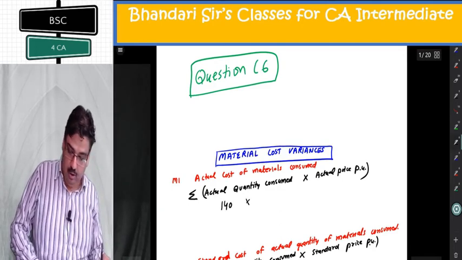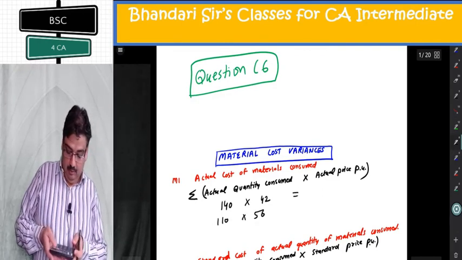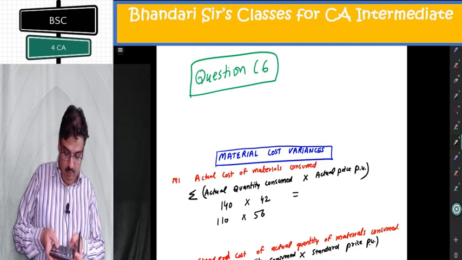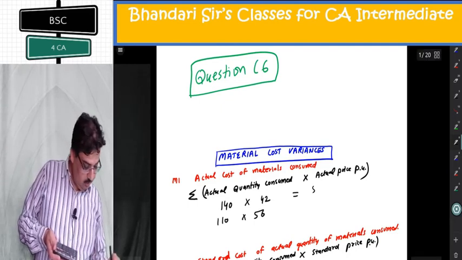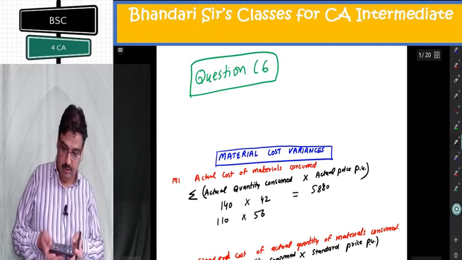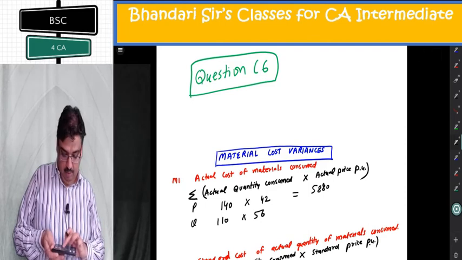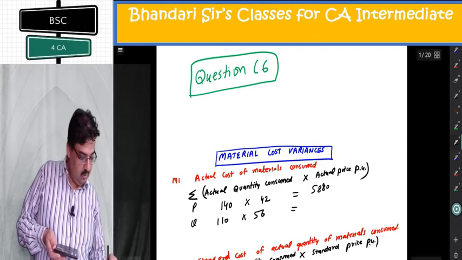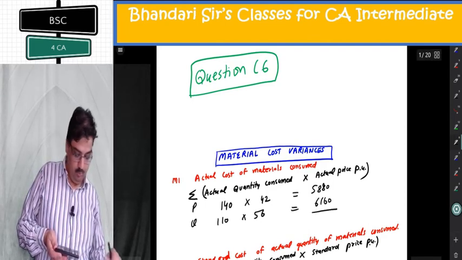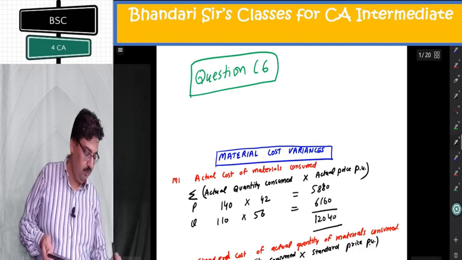This is 140 into 42, 110 into 56. So I need to calculate 140 into 42. This is 5,880 actual cost of consumption in this first material P. For Q, 110 into 56, 6,160. Once I add, 12,040.